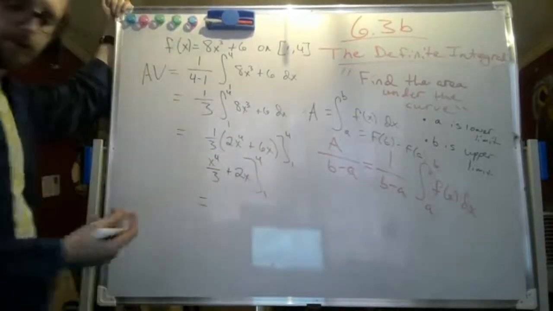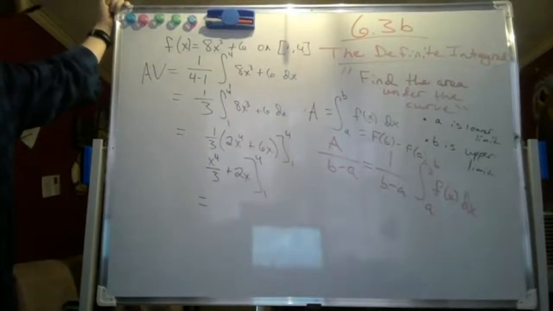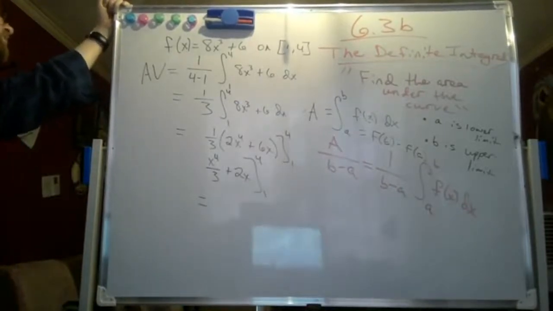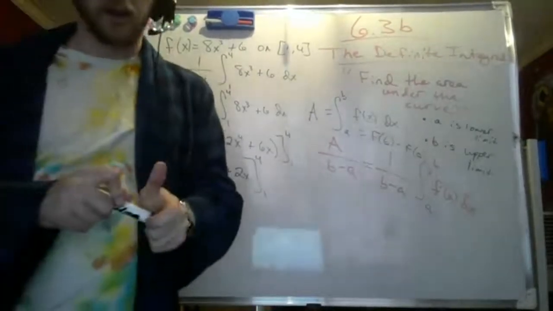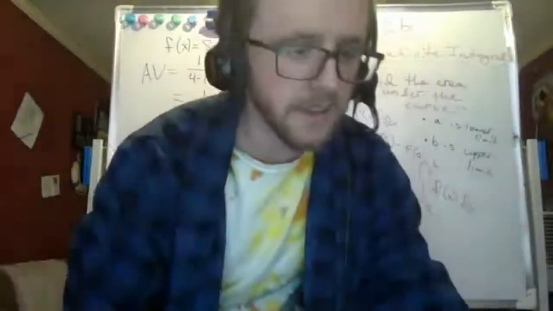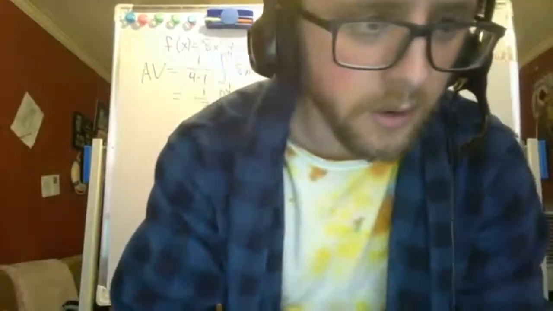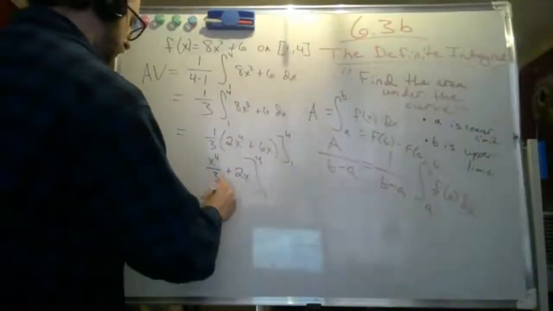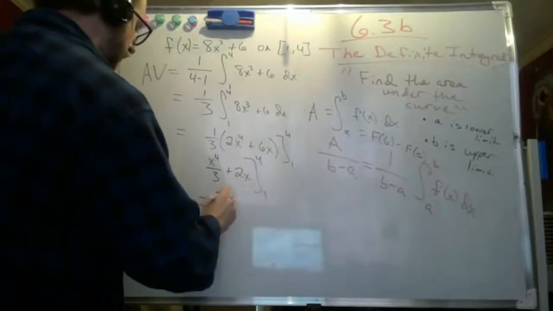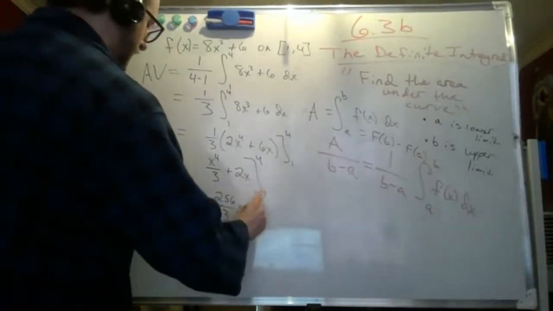So when I plug in 4, 4 to the 4th, let's see. 4 times 4 is 16, times 4 is 64, times 4 again, 256. So we're going to have 256 divided by 3 plus 8.